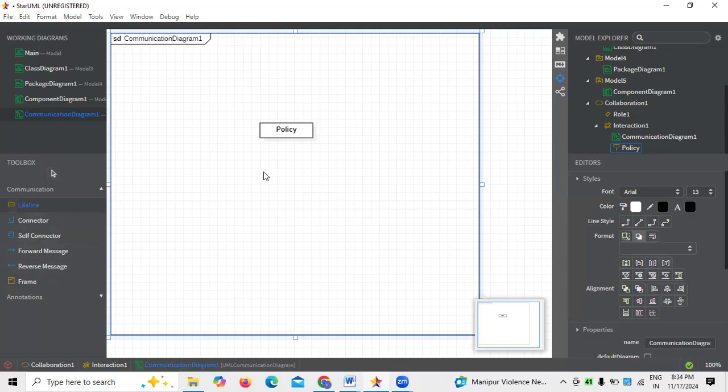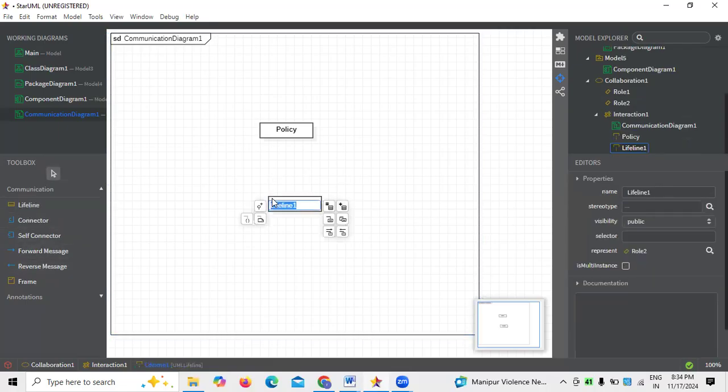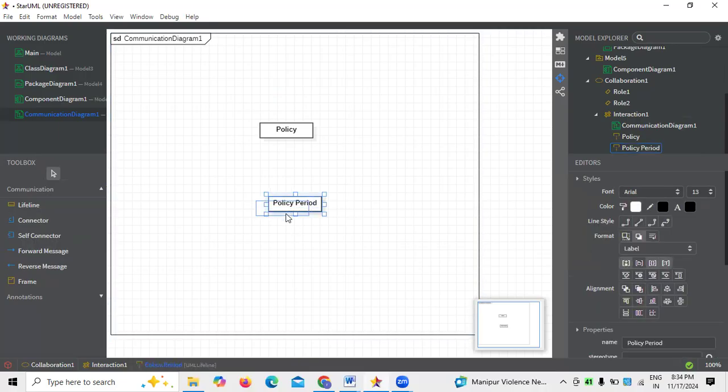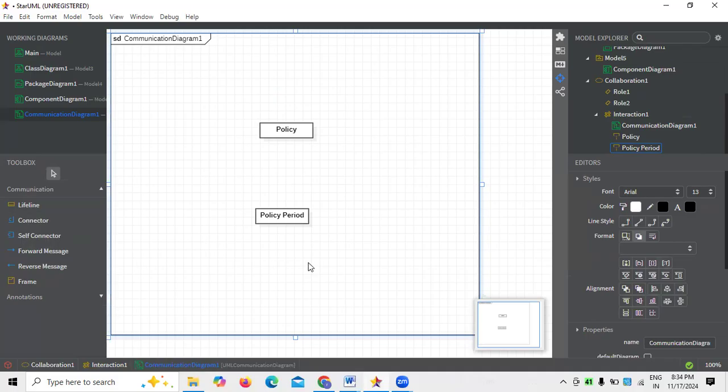At the same time, we need to create a policy period over here, right? So policy period is something which is relating over here. Next, we must be knowing about the issue history, right?